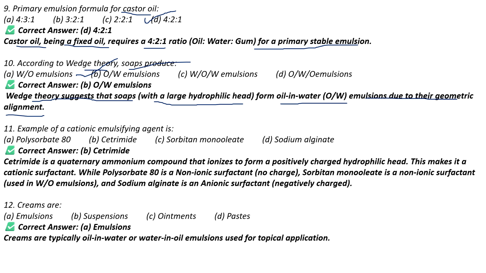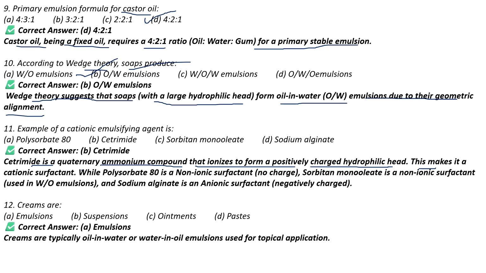Example of a cationic emulsifying agent is, out of the given four options we have to tell which one is a cationic emulsifying agent. Options given are polysorbate 80, cetrimide, sorbitan monooleate or sodium alginate. So cetrimide is a quaternary ammonium compound that ionizes to form a positively charged hydrophilic head.